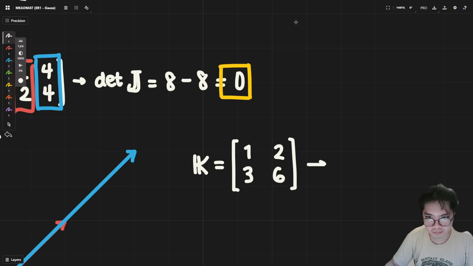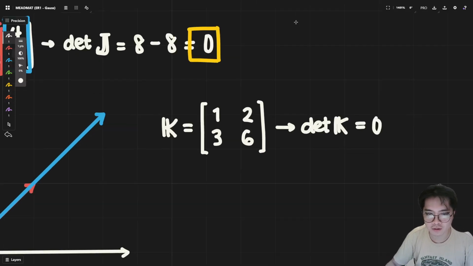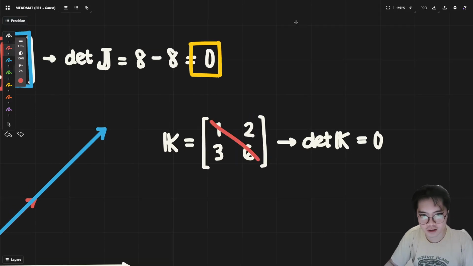It's 0. The determinant of K is 0. Why? Because 1, 3 and 2, 6 will fall on the same line. If you want to, of course, try and compute the determinant for yourself, go ahead: 1 times 6, minus 3 times 2, completely fine.